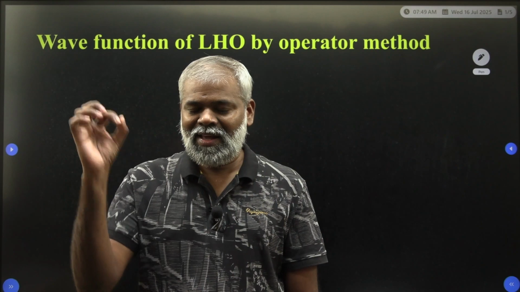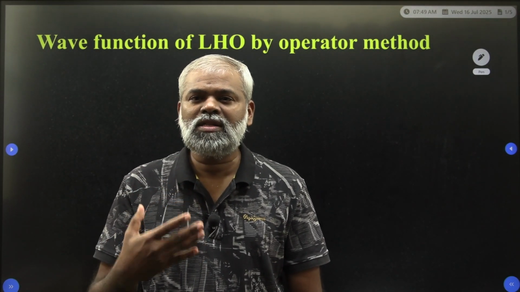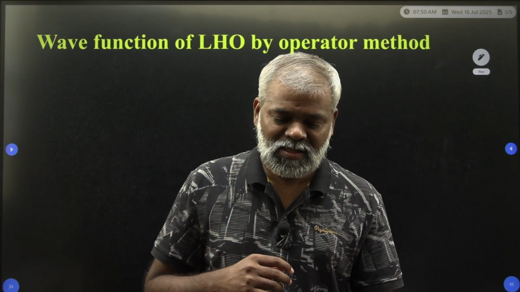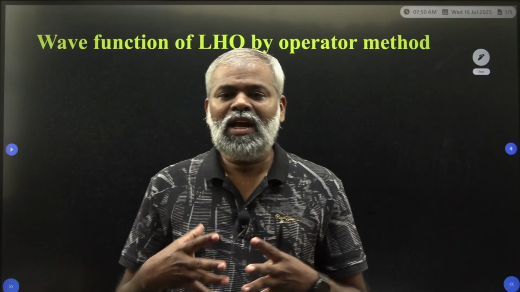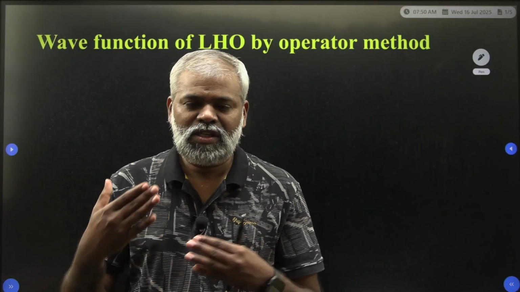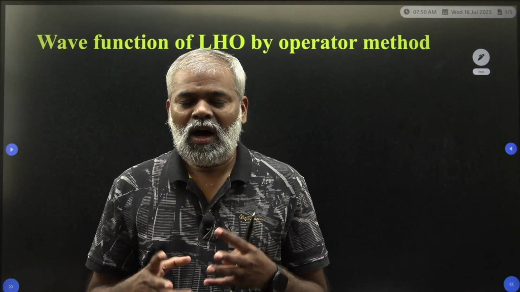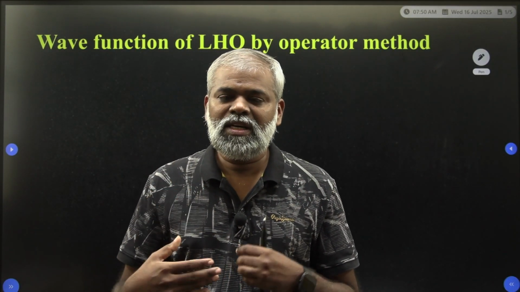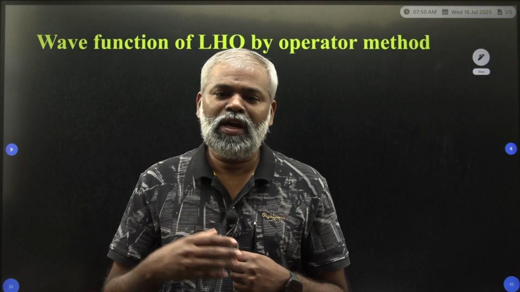What is linear? Linear means one dimensional, harmonic means potential, and oscillator means there is an oscillating body. Our ultimate goal is to derive the linear harmonic oscillator wave function and the eigenvalue, the energy value. Already two methods are there. One method we discussed in the first class, that is the Schrodinger method.